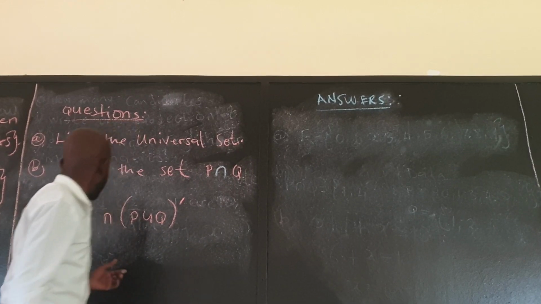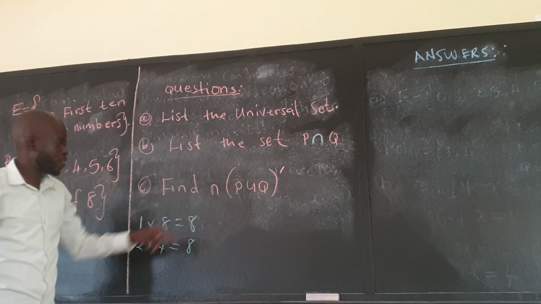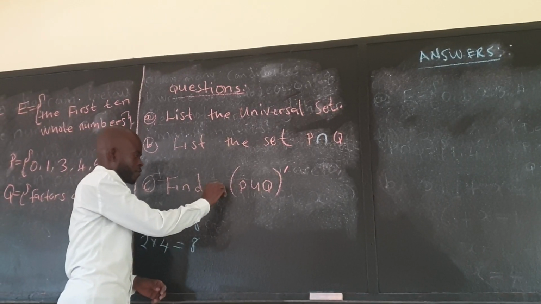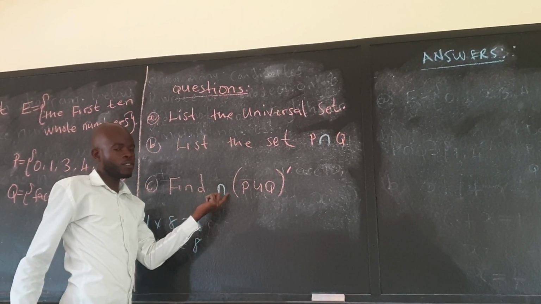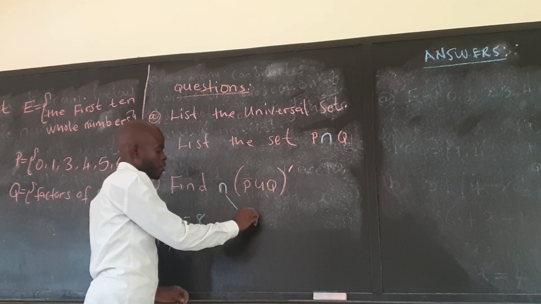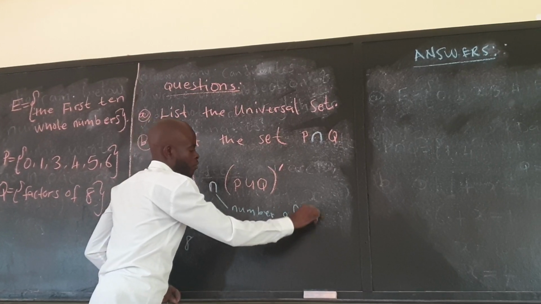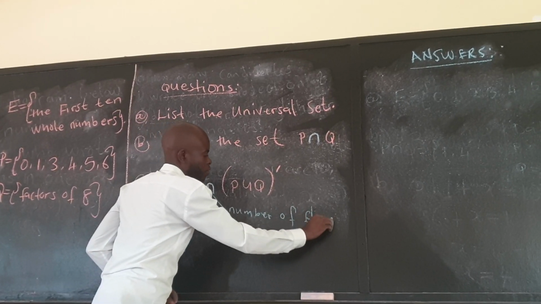Okay, the last question is saying find this. So this simply means number of elements. N means number of elements.